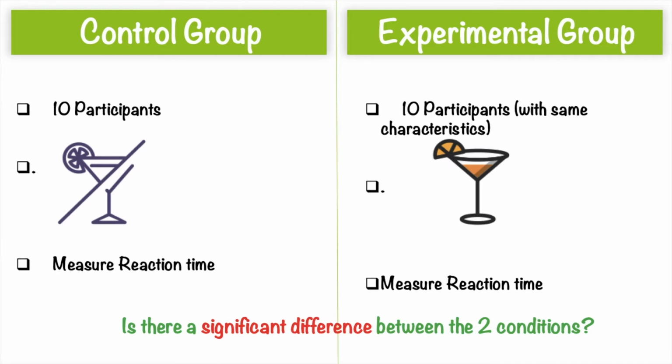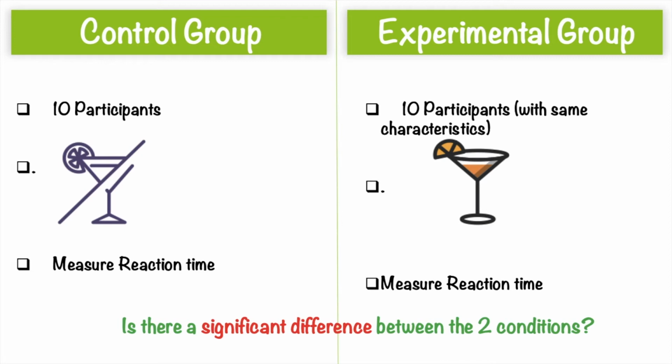What is different here from the independent measures design is that we will match the participants in both the groups with same characteristics. For example, if we put a person in the control group, we'll put another with the same age or social background or other characteristics that we think is important into the other group as well.